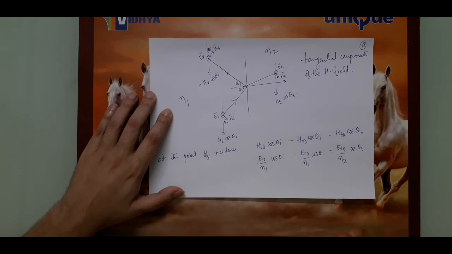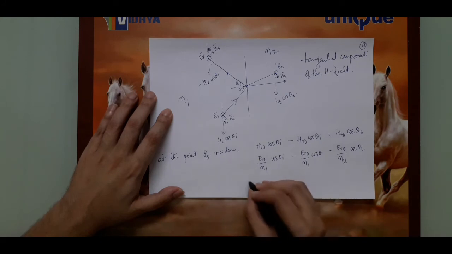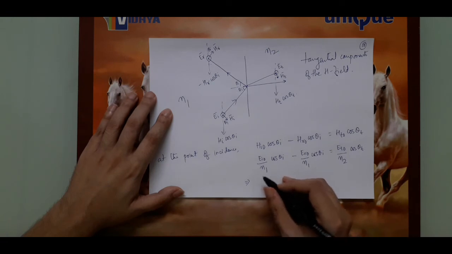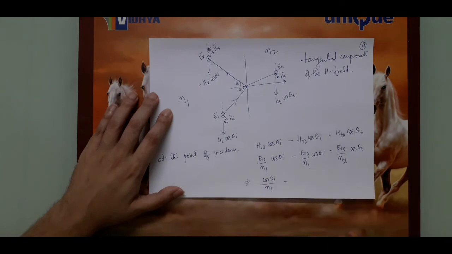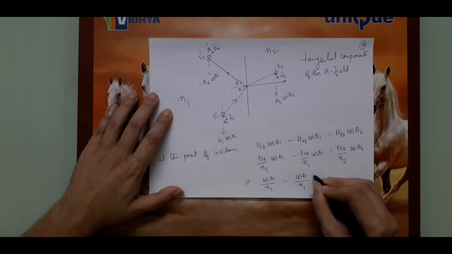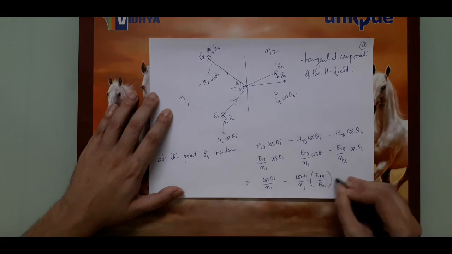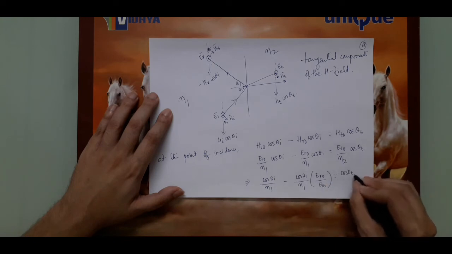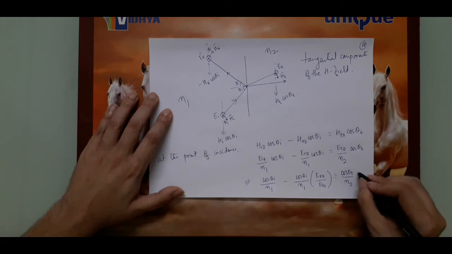So again, if we divide this equation by Ei0, what will I get? I will get cos theta I by eta1 minus cos theta I by eta1 times Er0 by Ei0 equals cos theta t divided by eta2 times Et0 by Ei0.